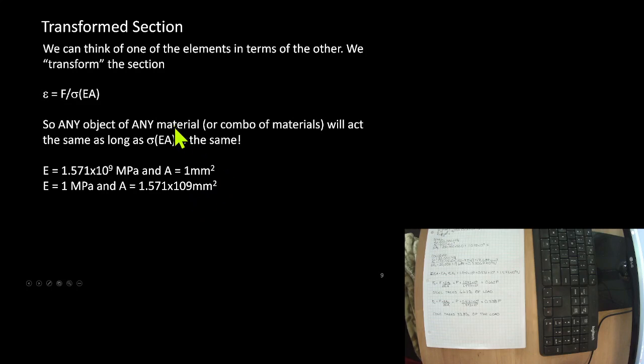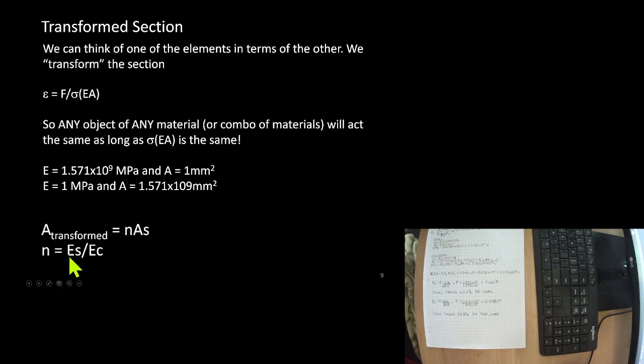We could rewrite that system that we had in this way, just to help us process transforming one of the materials into the other. Now, I know this sounds confusing. I'm going to do an example for you.